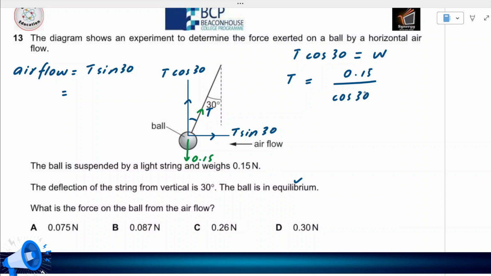Cos 30, by the way, is 0.866. So you divide it on the calculator. T would be 0.17. Then you can use the same value here, 0.17 times sine 30, which is 0.5. So it would be 0.087.